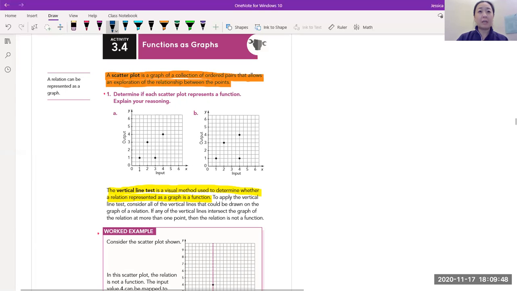So if we're like, okay, one input, one output. At 1, we only have one instance of 1 here. And at 2, we only have one instance there. At 3, only one 1 every single time, right? And a 4 gives me a 1, so we do have a function. One input leads to one output.